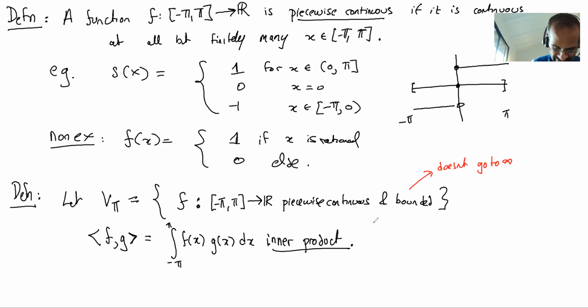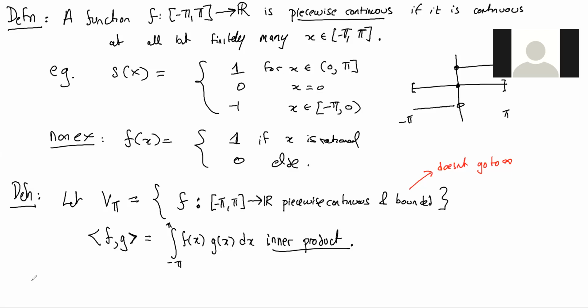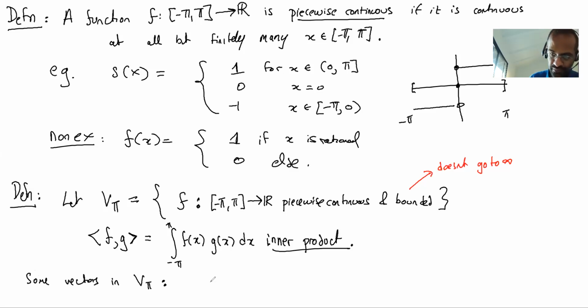And what are some functions in this space? Did somebody have a question? Okay. So what are some vectors in this inner product space? Well, okay, sine x is there. That's actually continuous. Sine nx is there for every integer n.